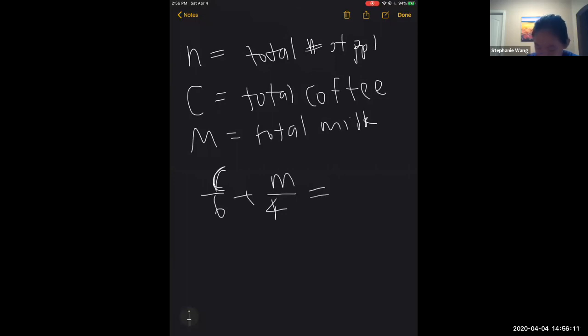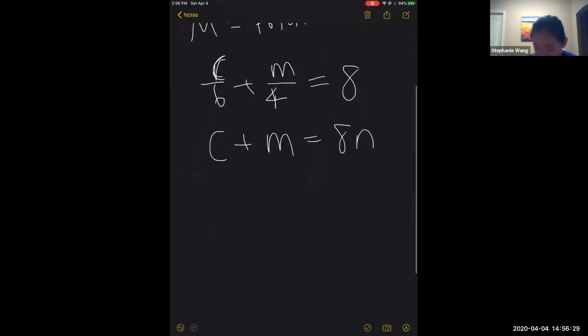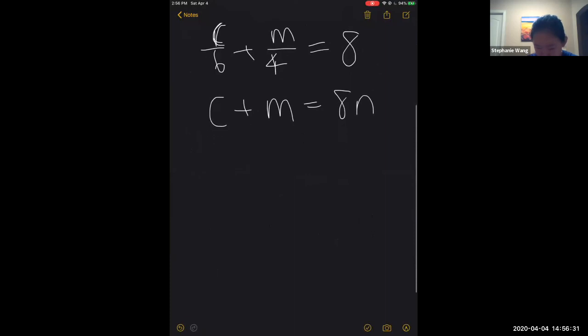And we also know that Angela drank 8 ounces, so we can write that equation. Another equation that we can write is that the total amount of coffee plus the total amount of milk, since everyone also drinks 8, we can write it as 8n because each person drinks 8 ounces and there are n people.